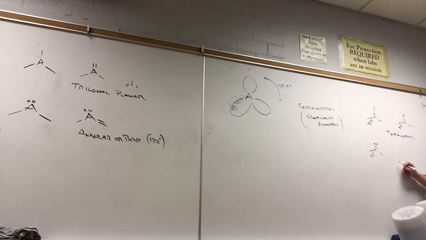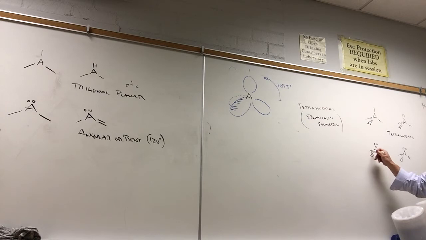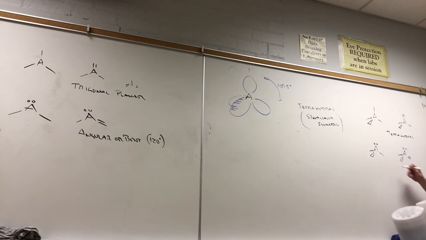Or sometimes we could even throw in a double. So we have three groups, a double and two singles, and a lone pair, actually four groups. So it's still tetrahedral. But when we look at the bonded atoms, the bonded atoms are going to form a trigonal pyramidal arrangement. Trigonal pyramidal.